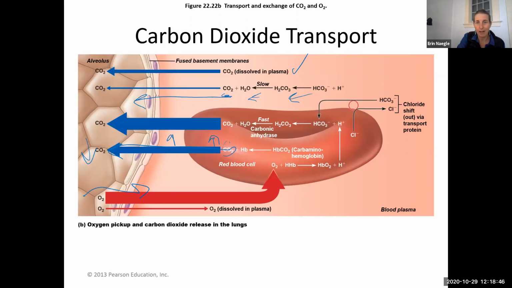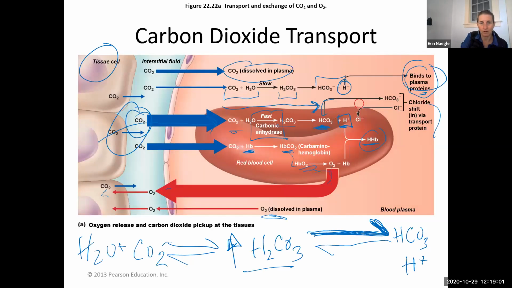Same thing here, as this carbon dioxide is being unloaded from the cells, diffusing into the alveoli, then it's going to take this equation that in your systemic circuit is being pushed towards making bicarbonate, and in your alveoli, because the carbon dioxide is leaving the system, it's being pushed in this direction.